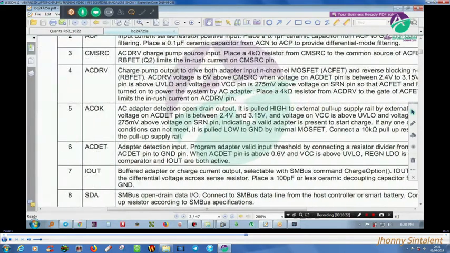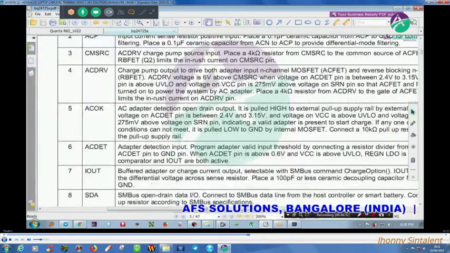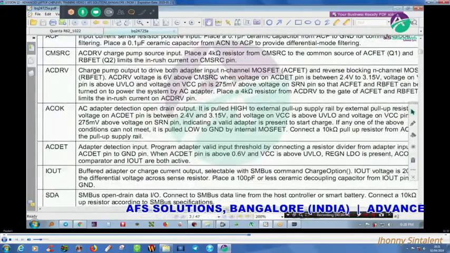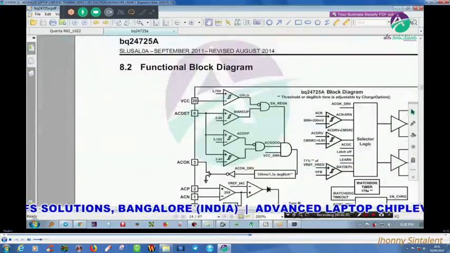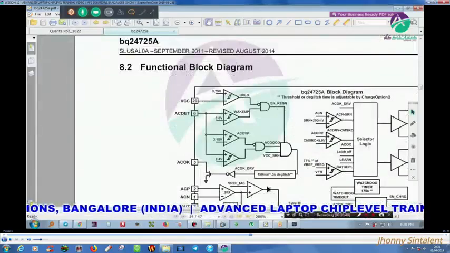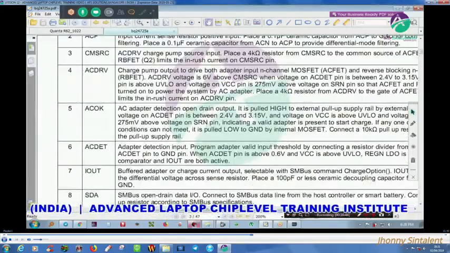Okay, AC okay. So on page number 14 we'll check what AC okay is. You can see AC okay, pin number 5. How much should it be? 2.4 to 3.15. Okay, pin number 5, I am going for the AC okay.